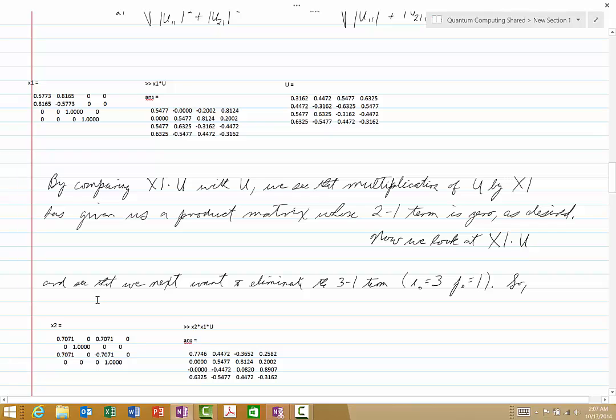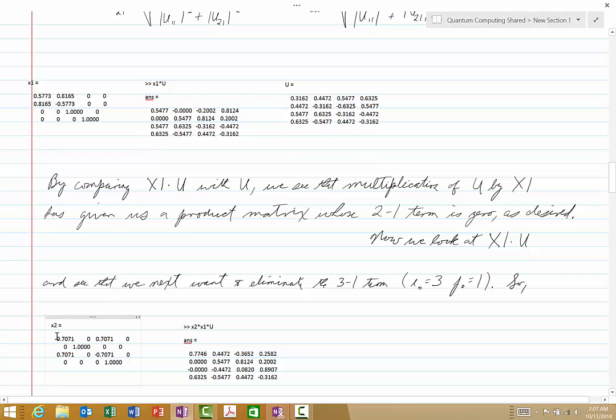So for the first entry of x2, it's equal to this 0.5477 divided by the square root of the magnitude squared of that plus the magnitude squared of that. This entry in x2 is equal to this 0.5477 divided by the square root of the sum of the magnitude squared of this plus the magnitude squared of that.